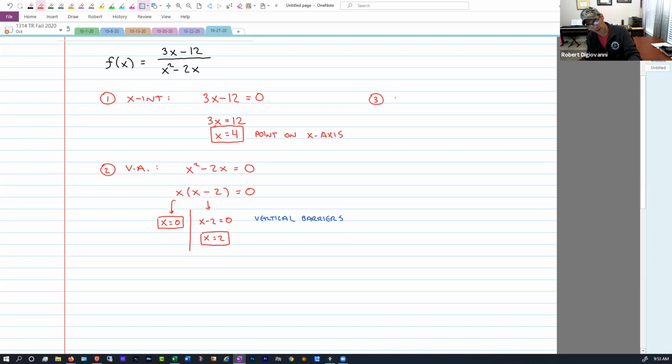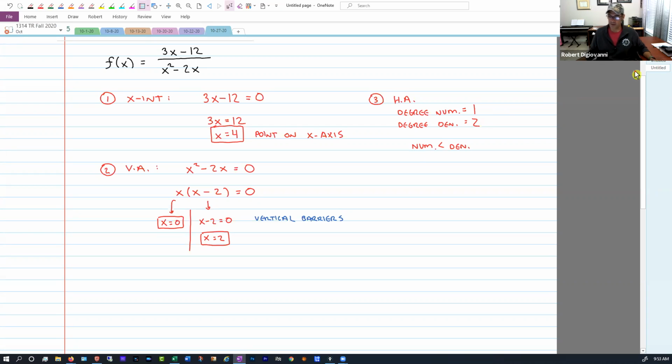For step 3, I need to find the horizontal asymptotes. So I look at the degree of the numerator. The degree of the numerator is 1, okay? That's the highest power on x I see there. The degree of the denominator is 2, and therefore the degree of the numerator is smaller than the degree of the denominator.